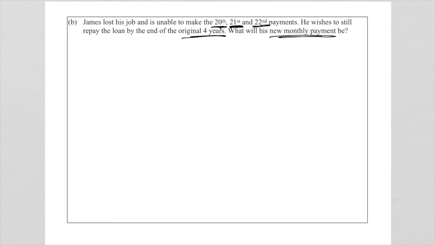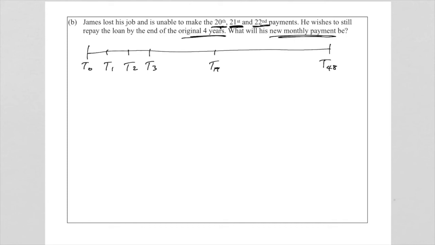All right. To discuss this, let's just draw once again a timeline. So if I draw my timeline from T0, and that is T1, T2, T3, you remember we said that it goes up to T48. So somewhere here, we will have T19, T20, T21, and T22.